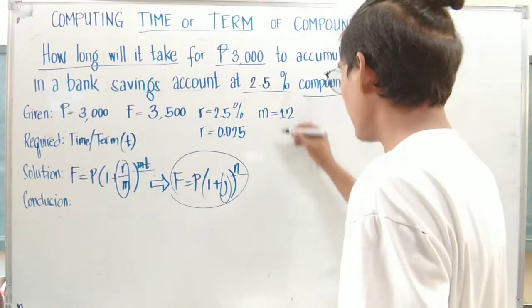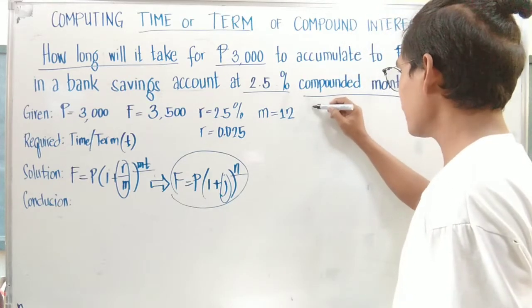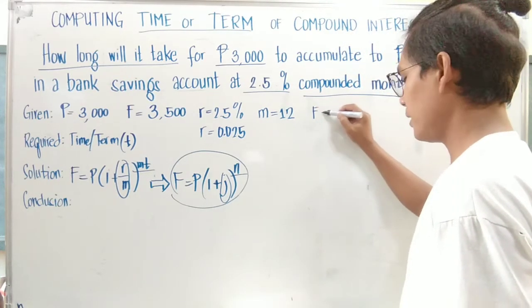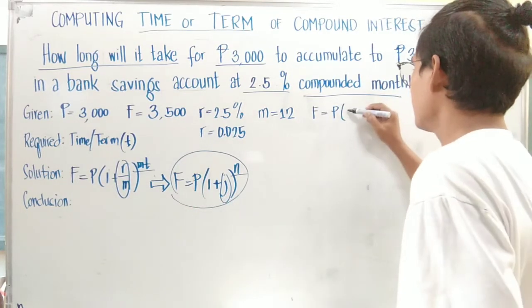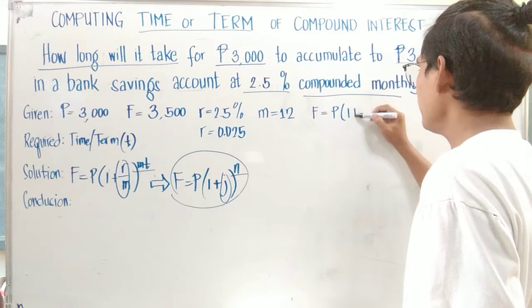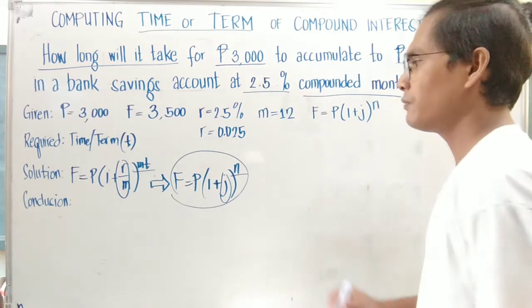So deriving, I will write it here. We have F equals P times the quantity of 1 plus j raised to n.